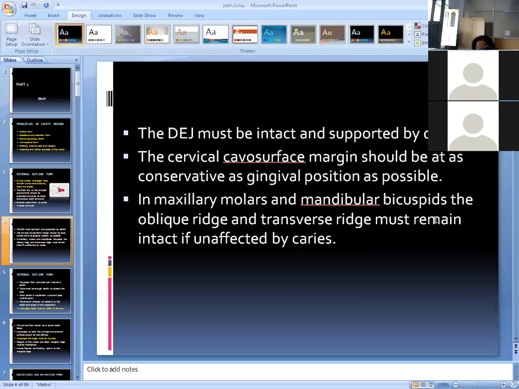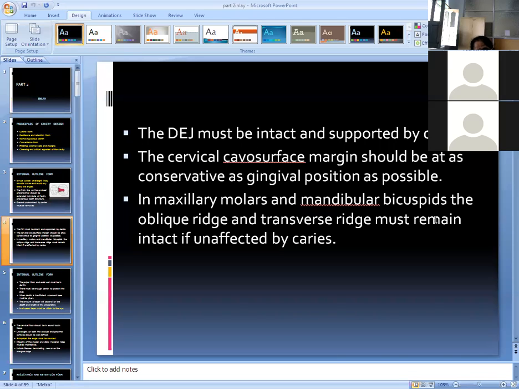Then the next thing is the cervical cavo surface margins. Whatever the caries, whether it is supragingival, subgingival, or at the contact level, at the gingival level, the outline form will be decided according to the spread of that caries. The gingival position is very important because we have to conserve the maximum gingival position so that we can come to the self-cleansing area.